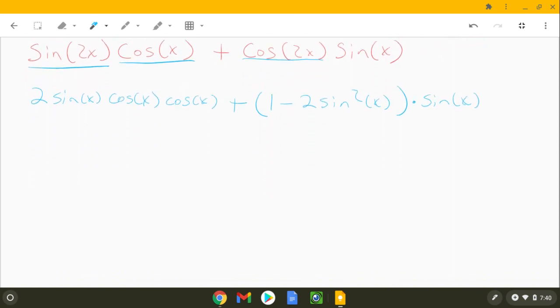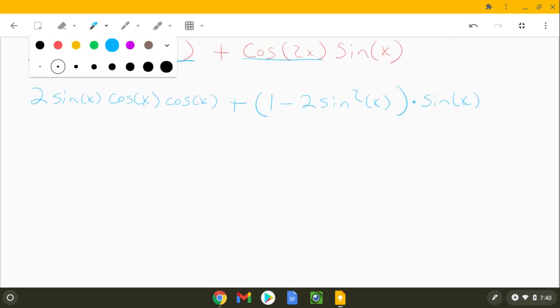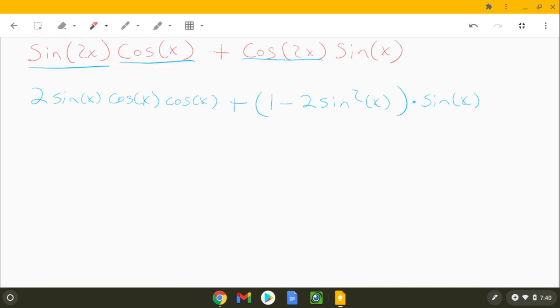All right, next thing is these two cosines right here. That's going to be a cosine squared, but I don't want any cosine squareds in my answer. So I'm going to use a Pythagorean identity for that one. Cosine squared is equal to 1 minus sine squared of x.